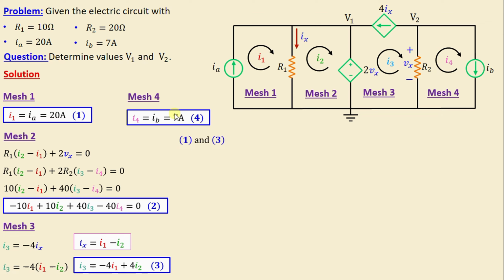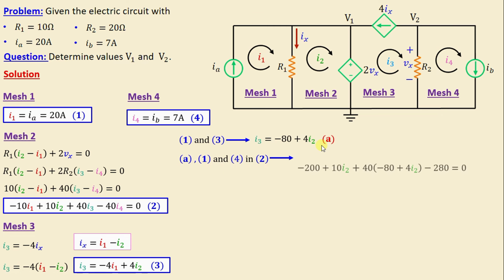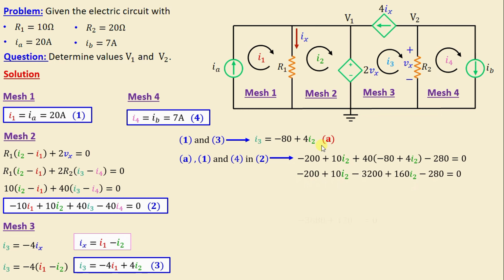From equations 1 and 3, we can write I3 is equal to negative 80 plus 4 I2, and by substituting equations 1, 3, and 4 in equation 2, we derive one equation in terms of I2. If we continue simplifying this equation, we obtain negative 3680 plus 170 I2 is equal to 0.